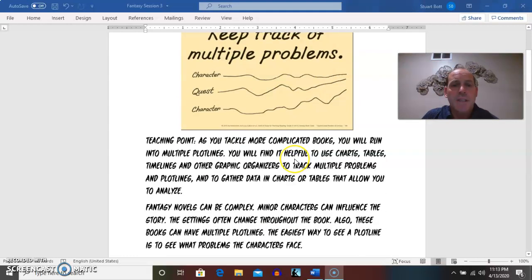Our teaching point is as you tackle more complicated texts, you're going to run into multiple plot lines. You'll find it helpful to do a chart or a table or a timeline or some other graphic organizer, mind map or something like that, just to record what's going on and to track multiple problems and plot lines.